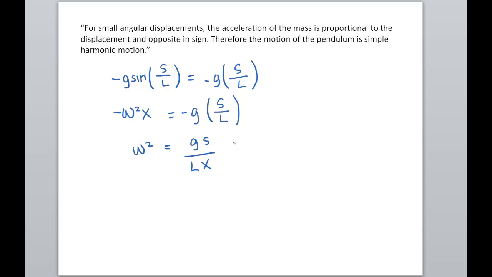Now if you recall, s and x are both displacement, which means in our equation we can cancel these out. We're left with omega is equal to the root of g over L, where L is the length of the string and g is the acceleration due to gravity.